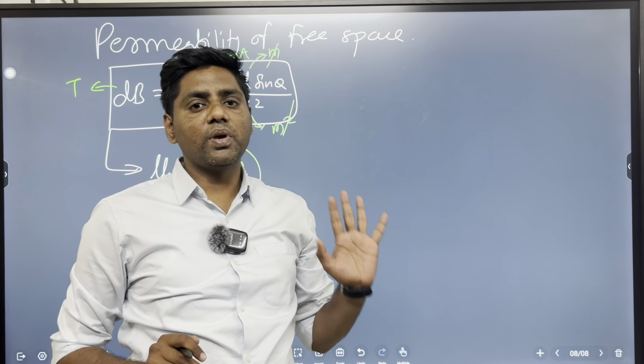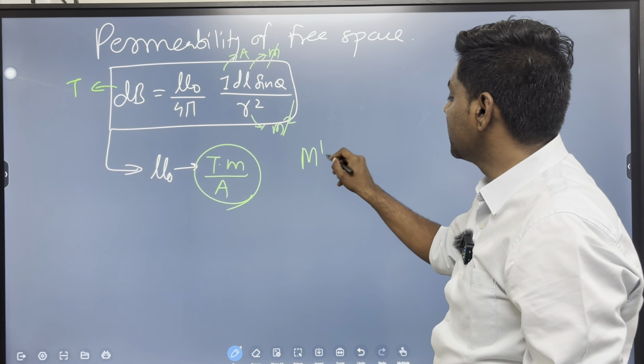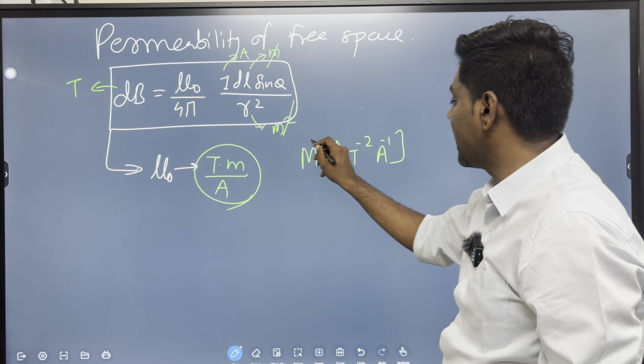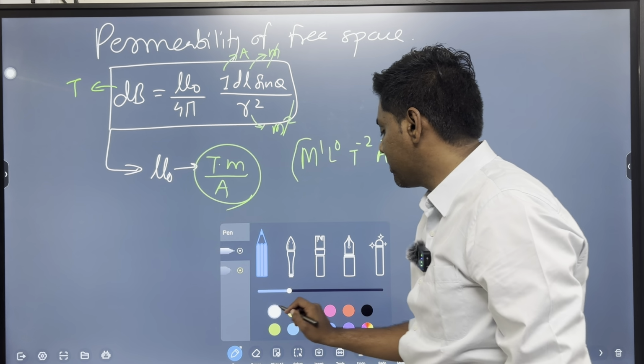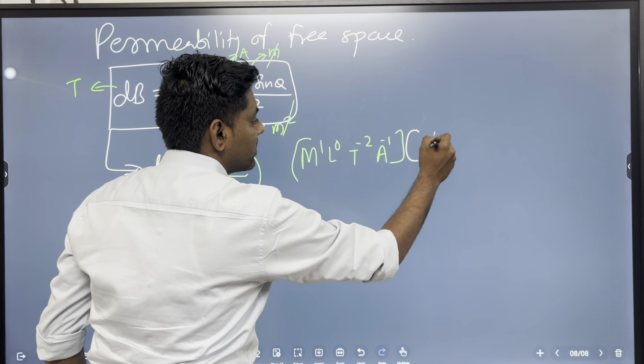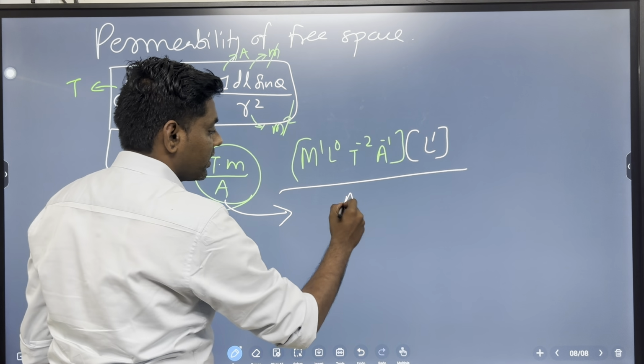In the previous part we already calculated the dimensional formula for magnetic field, M1 L0 T minus 2 A minus 1. Then meter is L1, and ampere is A1.